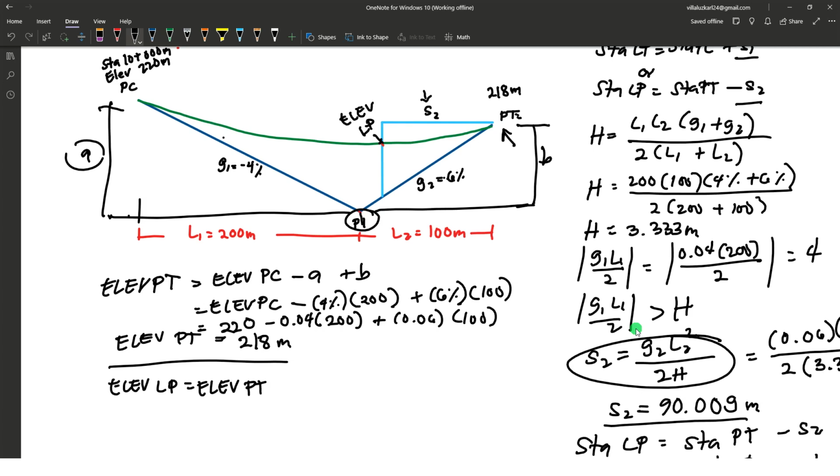Then, when we compute the distance from the tangent to this point, that's y. So what we need is to determine the elevation at this point by simply computing the difference in elevation from the PT. That vertical distance is just the product of this grade G2 and S2. So all we need to do is subtract that vertical distance, which is G2 S2, and just add y.